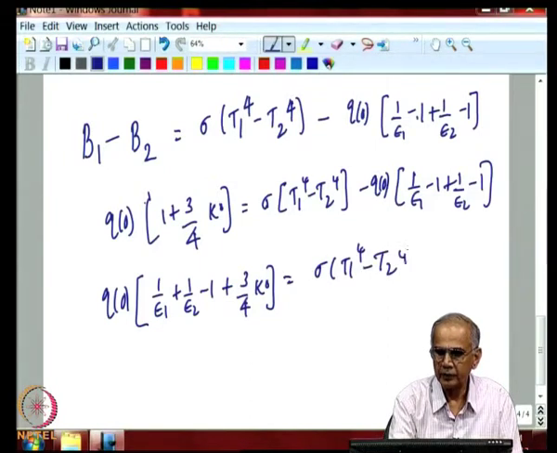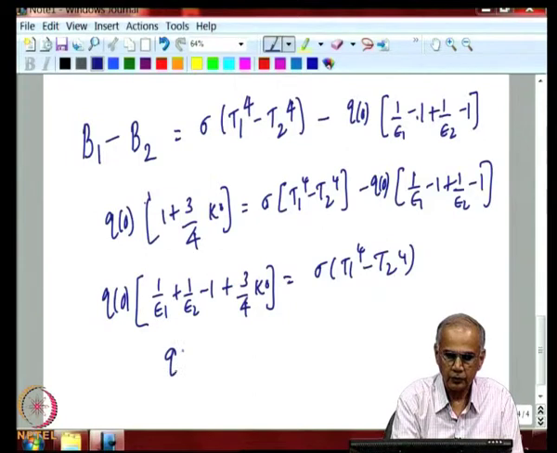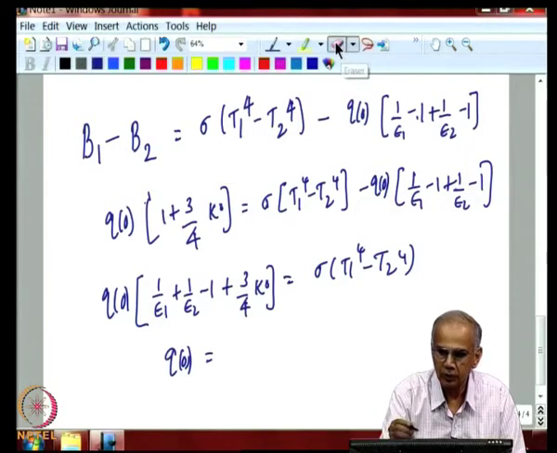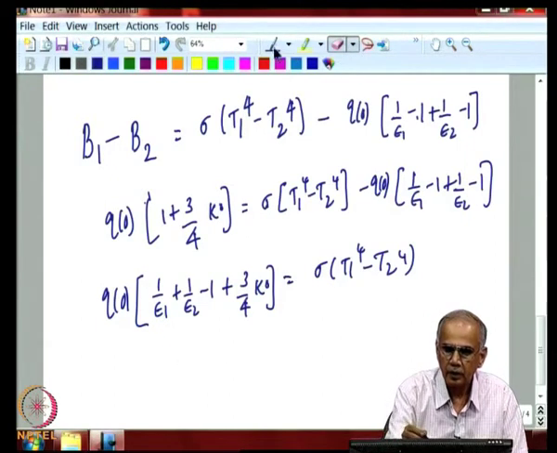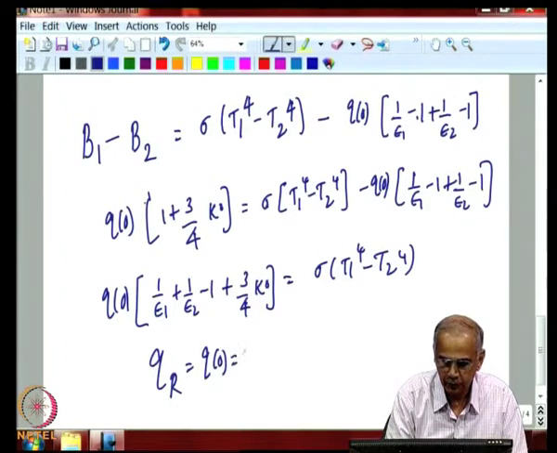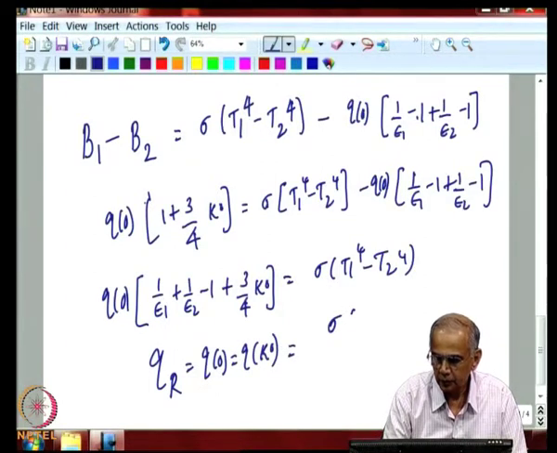So, we get the final result, which is that Q0 or QR in general, because Q is a constant across the layer. So, QR finally, which is same as Q of 0 equal to Q of kappa 0, is sigma.